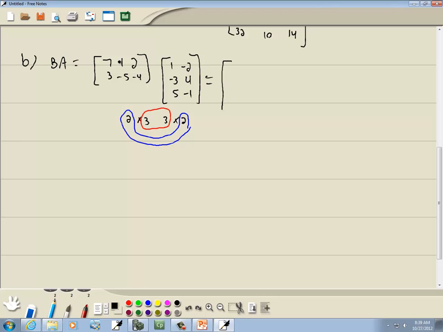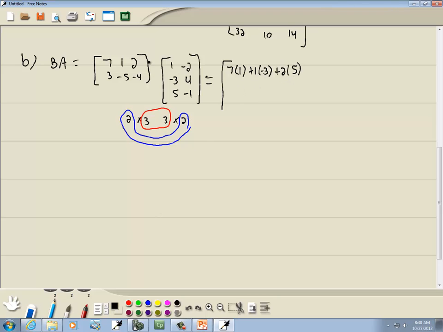Okay, so I'm going to take this row times this column. So 7 times 1 plus 1 times negative 3 plus 2 times negative 1. So this row times this column, which tells me that negative 1's wrong. Where in the world did that come from? Try that again. 5.